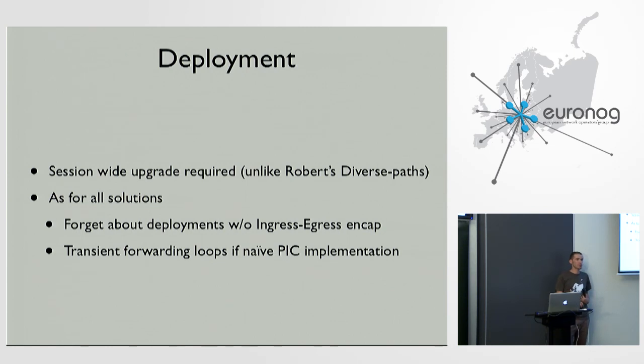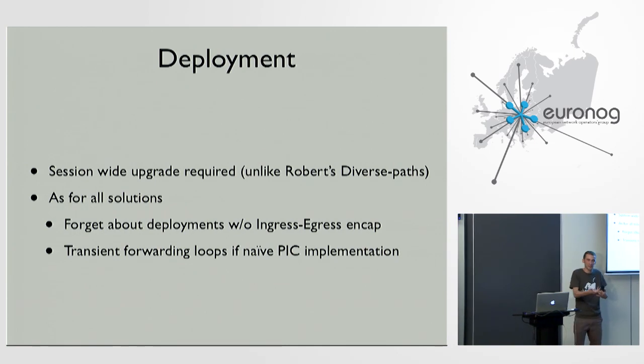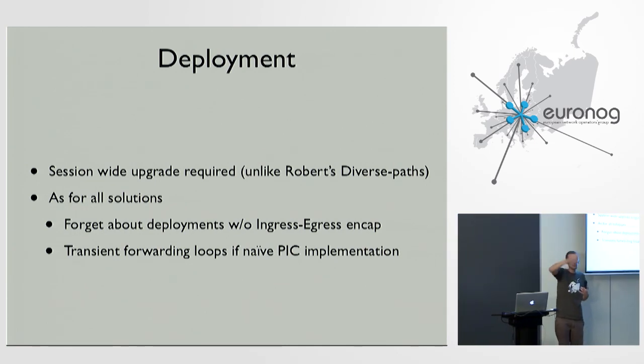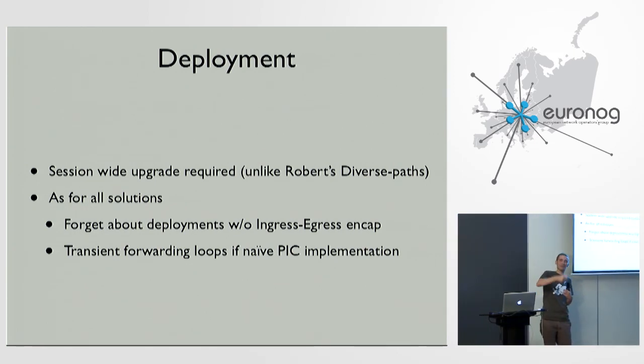Just because your ingress is going to pick the best path with its policy does not mean that the route reflectors or other nodes in the middle are not going to contradict that choice. So if you allow that amount of flexibility thanks to add path for the decision of forwarding traffic towards a given destination, you have to watch out that the intermediate nodes are not going to fall back to what you would get if you did not have add path.